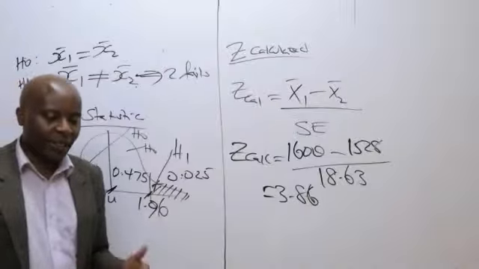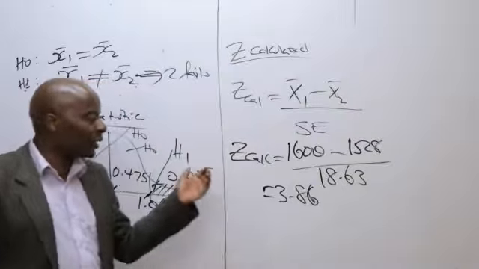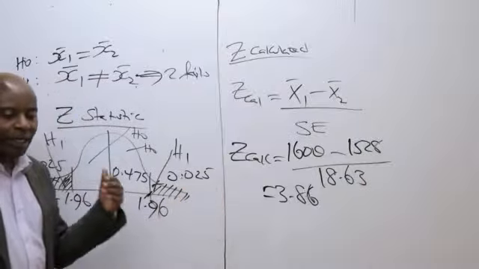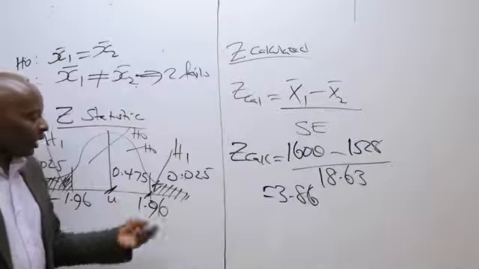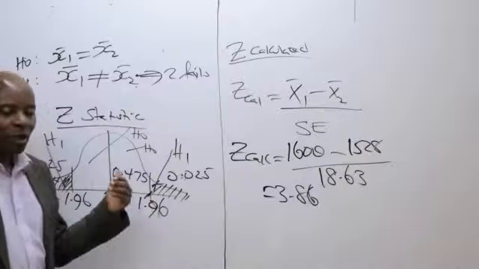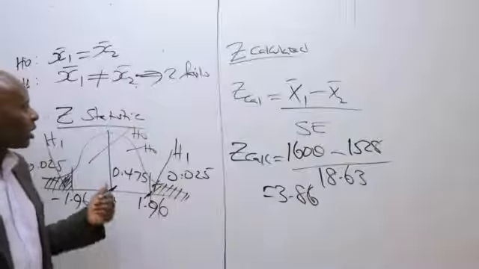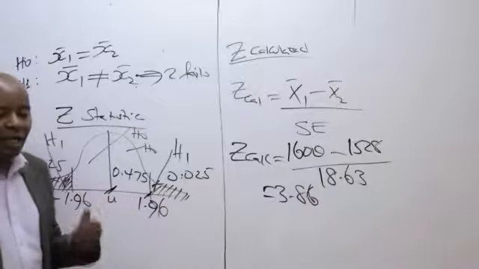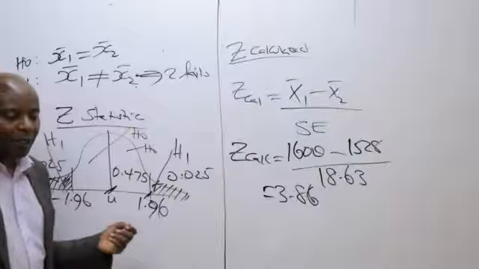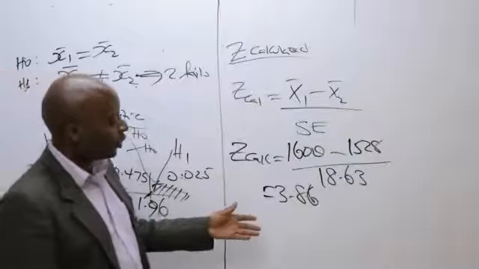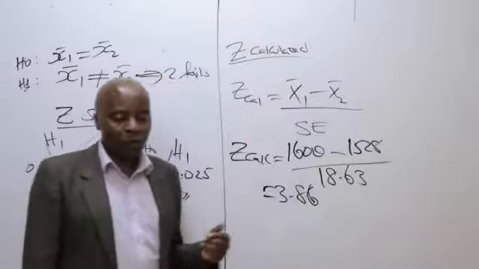The next thing, ladies and gentlemen, having gotten the Z calculated, is to come and fit this thing here. And I can see for sure that the 3.86 is falling on the shaded area. So you simply say there, falls on the shaded area, therefore accept H1.